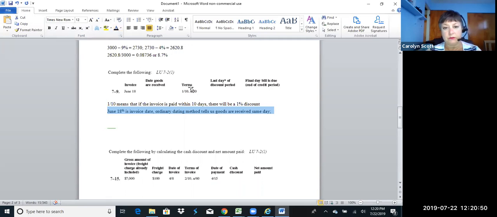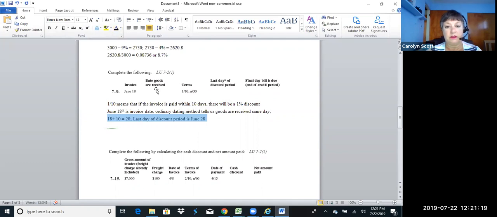Oh, I skipped. The date goods are received was part of problems that were beneath it, and I'm only doing the first one in each section. But I wanted to point out that June 18th is the invoice date, and if we use the ordinary dating method, it tells us we're to treat it as if the goods are received on the same day.